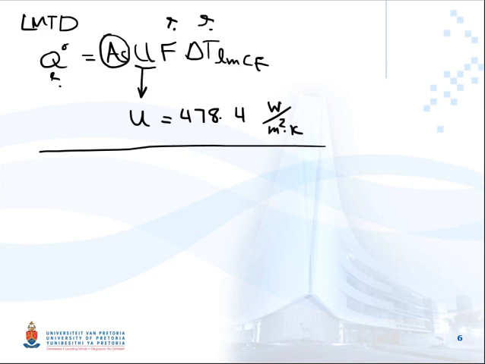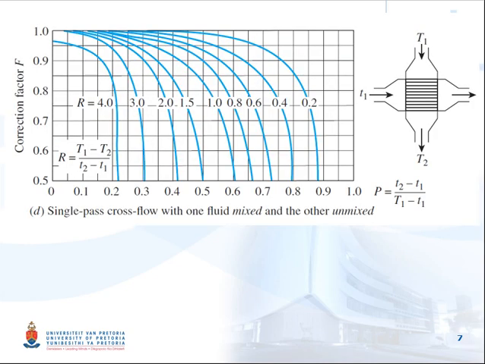But how can we find that correction factor? If we go to figure 11.19 of our textbook, we can see section D, and when you read the description of this section, you can see that it's for single pass cross flow with one fluid mixed and the other one unmixed.